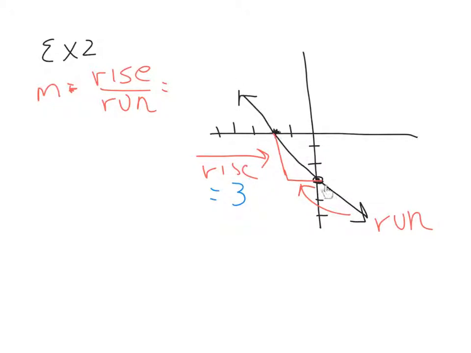If you remember that downhill slopes are negatives, you don't have to put negatives on your rise and your run. So I'm going to first determine the rise, and the run here is 2 because it matches up to this. When I write rise and run, I'm going to put a negative in front of them just because my line goes downhill, and then the rise over the run makes this a slope of -3 over 2.